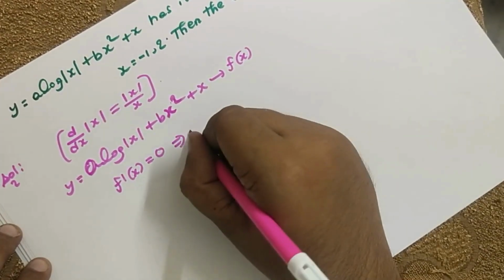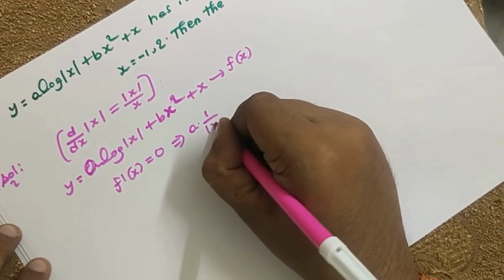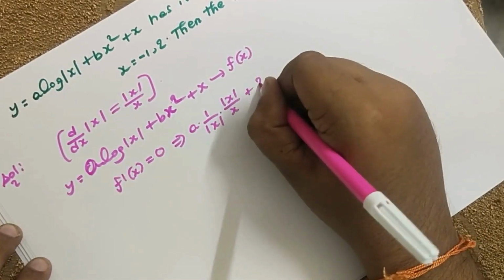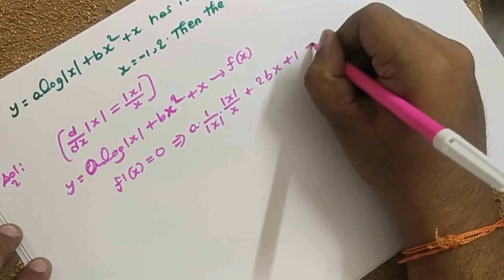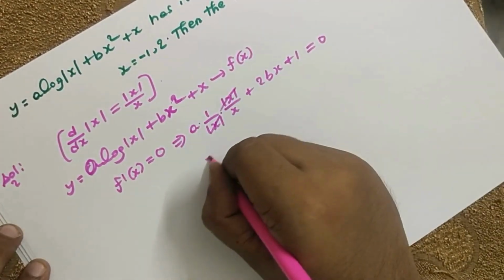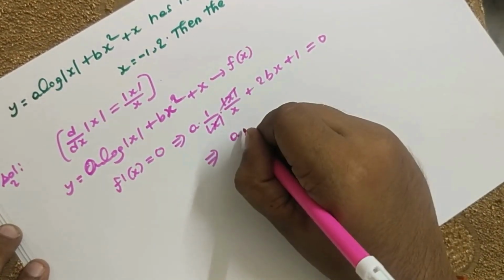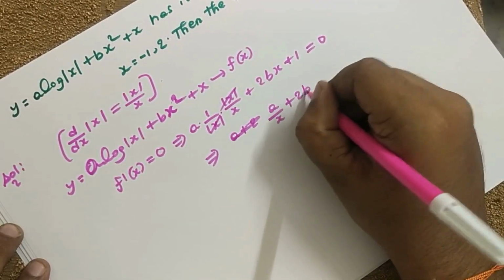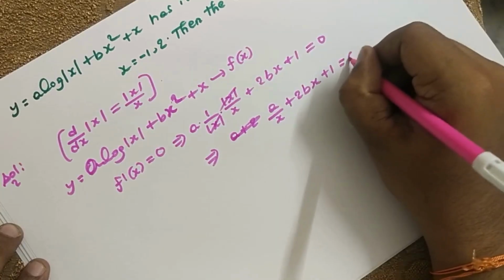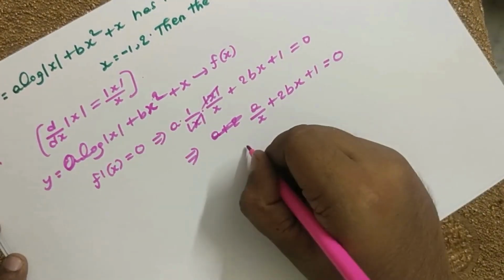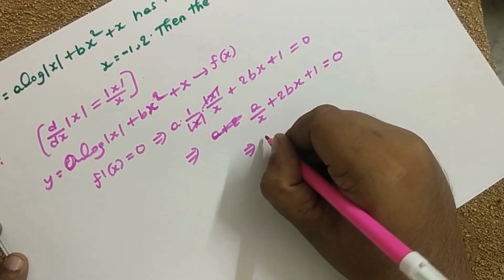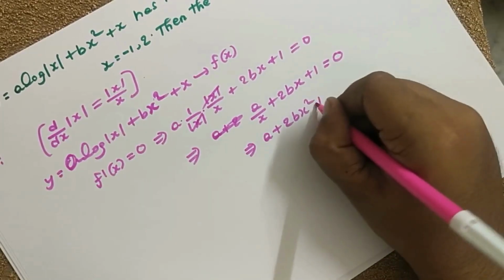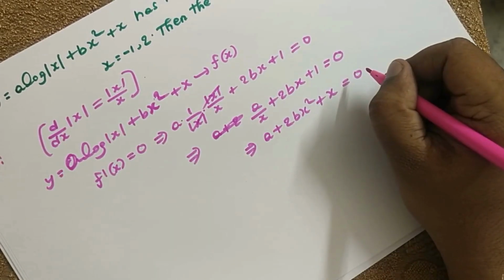So a times 1 by mod x, and the derivative of mod x is mod x by x, plus 2bx plus 1. We equate it to 0, so a by x plus 2bx plus 1 equal to 0, which implies a plus 2bx square plus x is equal to 0.